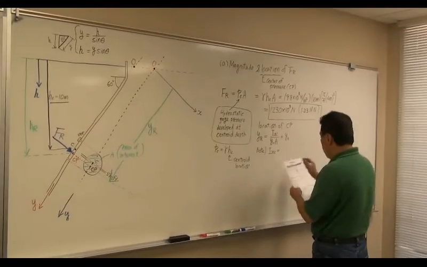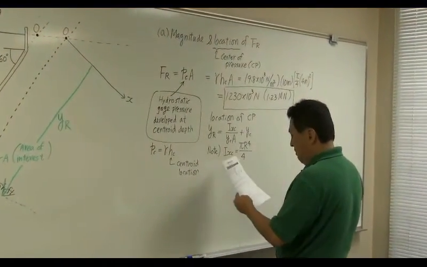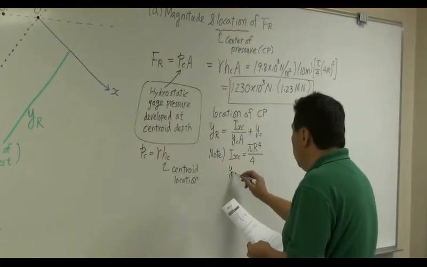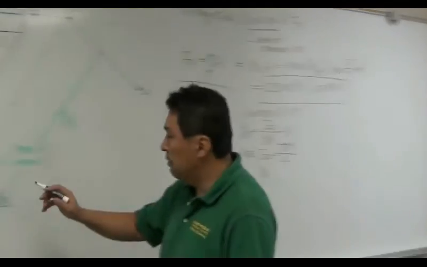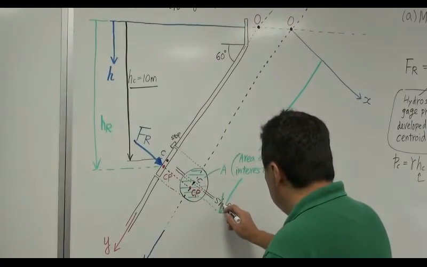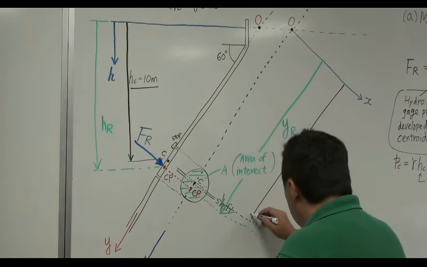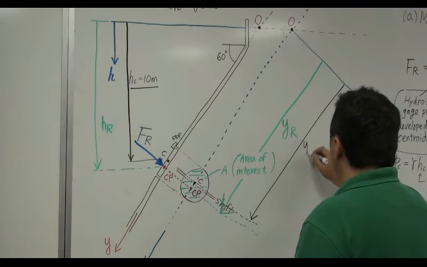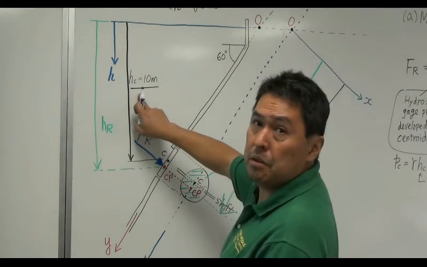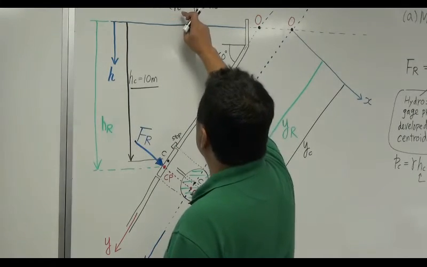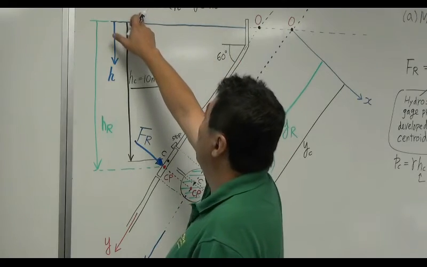IXC is pi r to the fourth over 4. YC is the location of the centroid, the location of the shaft. Well, we do know HC. HC is 10 meters. We can convert Y from H using a trigonometric relationship.